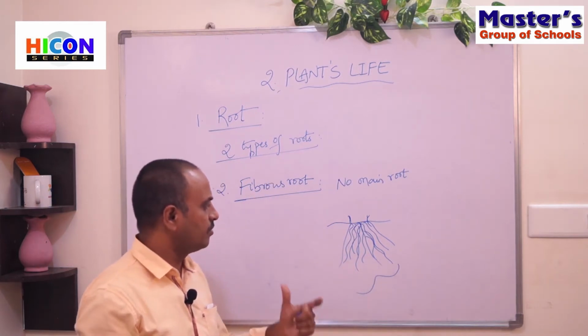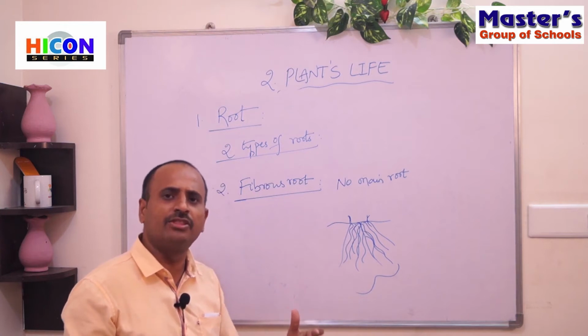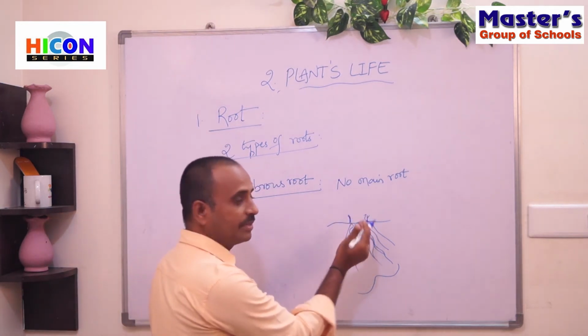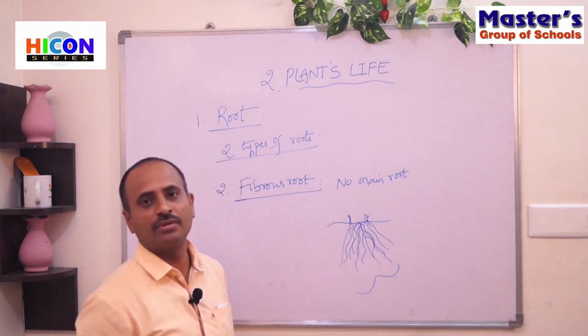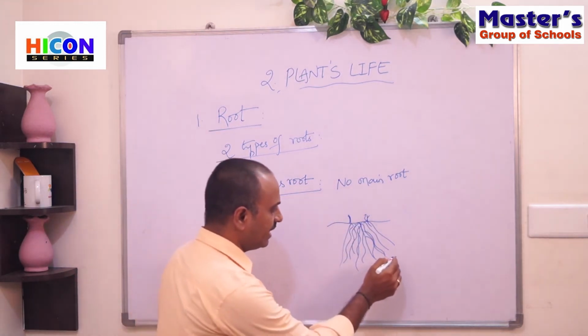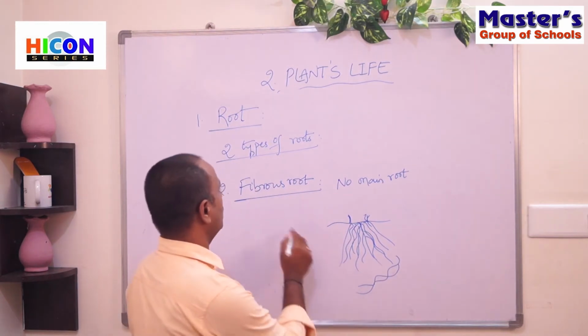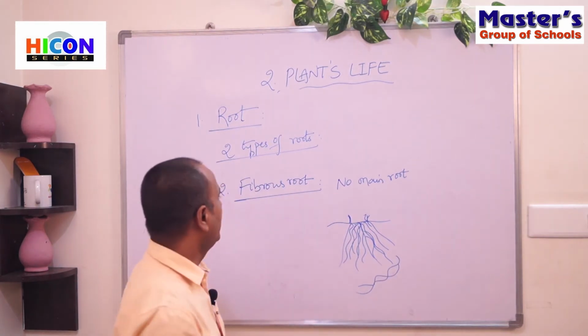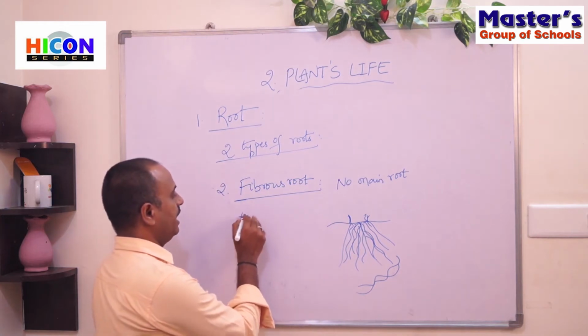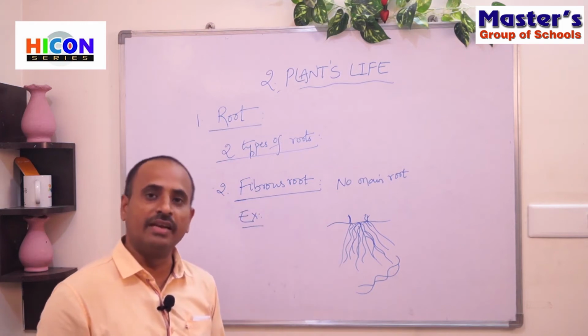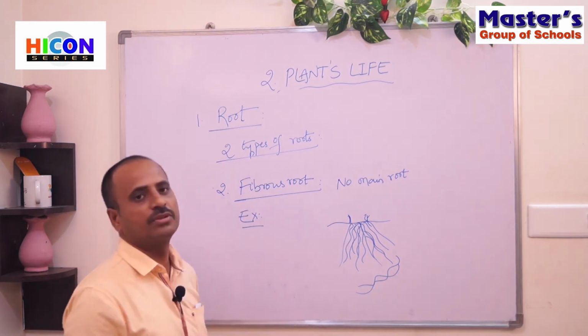Many thin roots will be attached to the bottom of the stem in the ground. This looks like a bunch of roots. The plants having fibrous roots are mostly grass related plants.